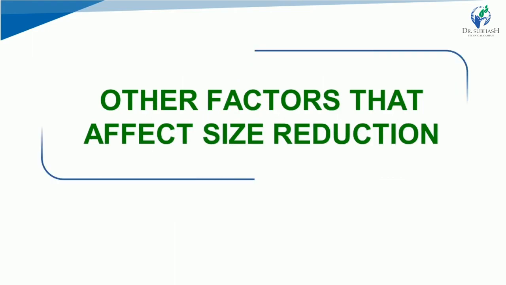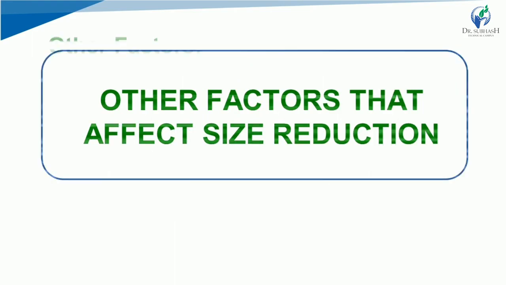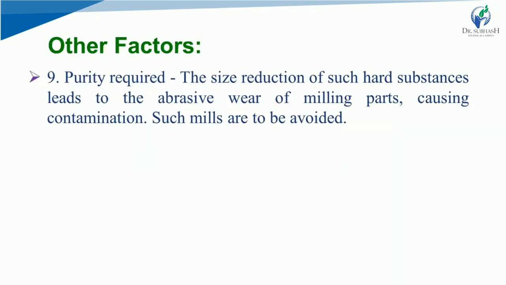Other factors that affect the size reduction. Some other factors are like purity required. Purity is the biggest question when it comes to size reduction. Size reduction of such hard substances leads to the abrasive wear of milling parts, causing contamination. Such mills are to be avoided. This point was also discussed in the last video as a disadvantage, because there are some parts which are abrasive in nature.